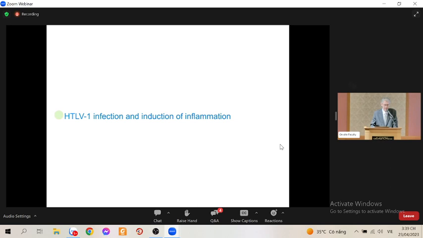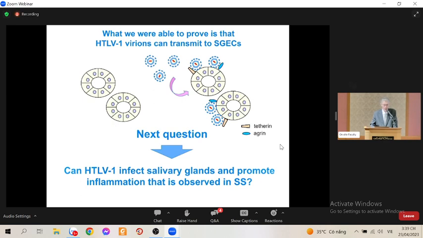And the next question is HTLV1 infection and induction of inflammation. What we are able to prove is that HTLV1 virions can transmit to SGECs by using biofilms, including tetherin or agrin. And the next question is, can HTLV1 infect salivary gland and promote inflammation that is observed in SS?